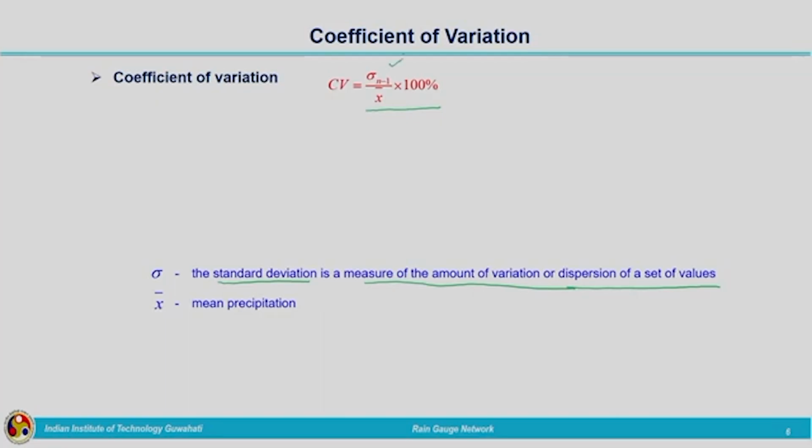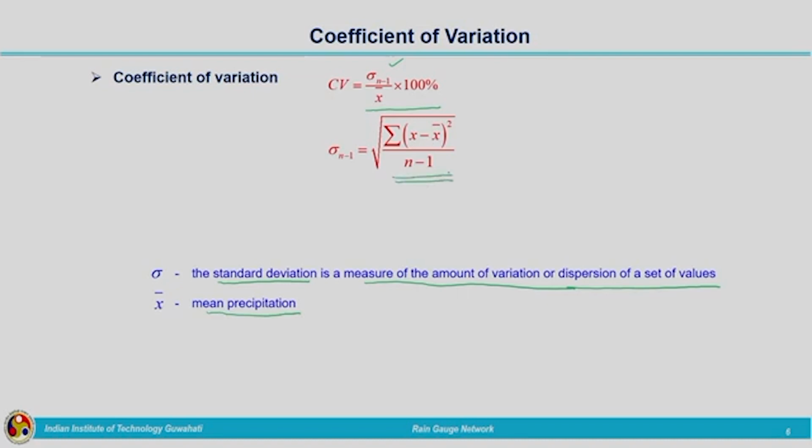Sigma n minus 1 is the standard deviation and x bar is the mean precipitation. How can we calculate this? Sigma n minus 1 can be calculated by using this formula: sigma n minus 1 is equal to the square root of the summation of (x minus x bar) all squared divided by n minus 1.